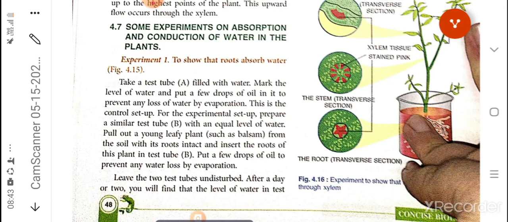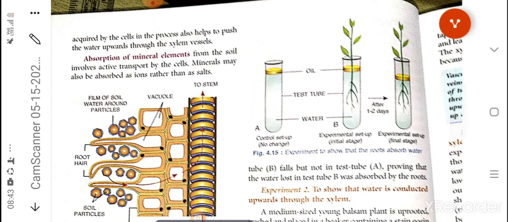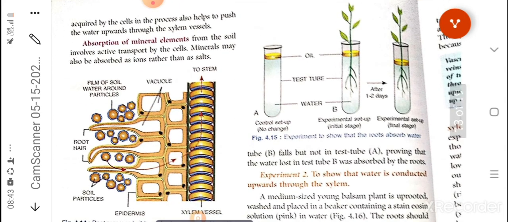In test tube A, only water and a few drops of oil are there, with no plant. But in test tube B, we put a very small plant with roots.